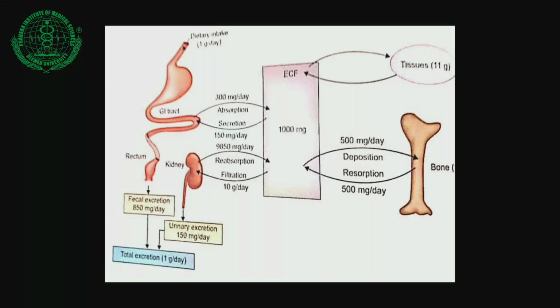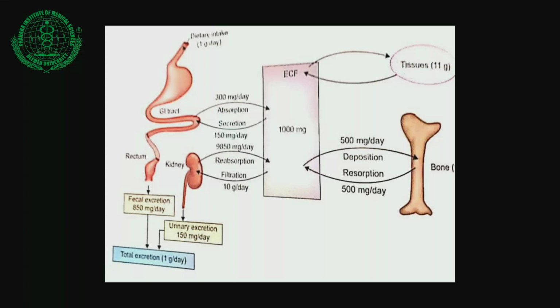Urinary excretion of calcium is 150 milligrams per day. Thus the 1 gram of calcium is excreted daily from the body to maintain the balance in the body.